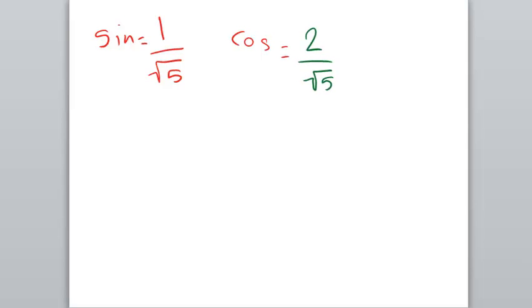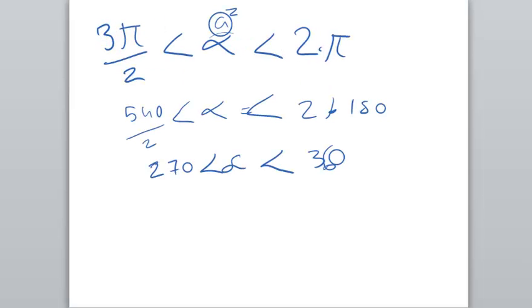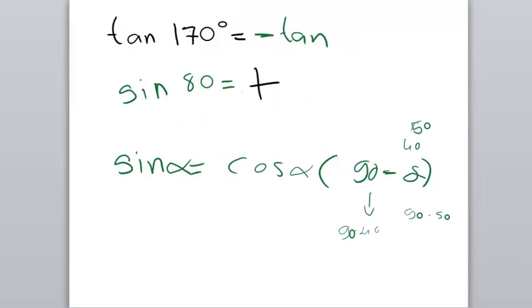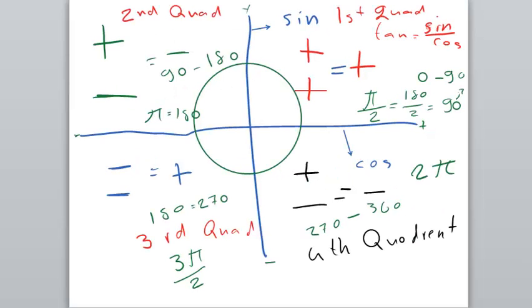But there's a mistake. We must multiply them, but when we multiply, it is wrong, because, do you remember this? The angle A, I mean beta or A, is between 270 and 360. Let's look at our unit circle. This is 180, this is 270, between 270 and 360. And let's look at cos and sine.